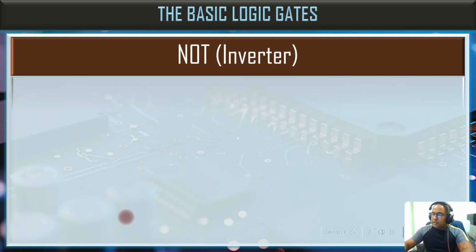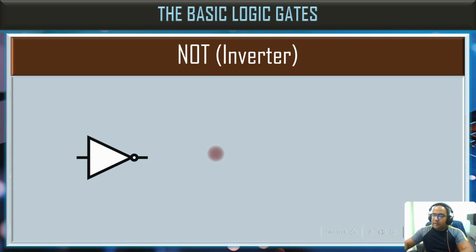The first logic gate is the inverter, also known as the NOT gate. The NOT gate performs an operation called inversion or complementation. This means the inverter changes one logic level to its opposite. In terms of bits, it turns a 0 into a 1 and a 1 into a 0.